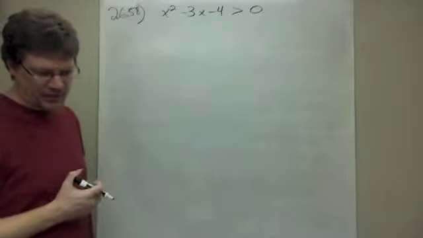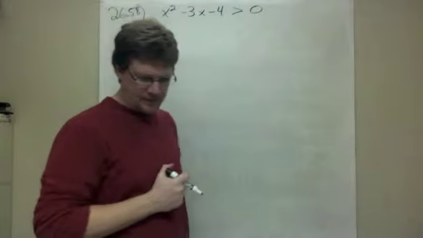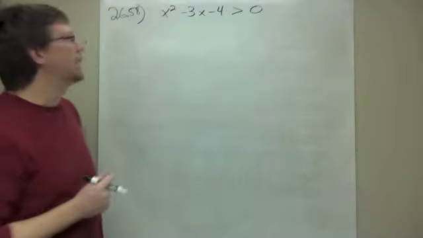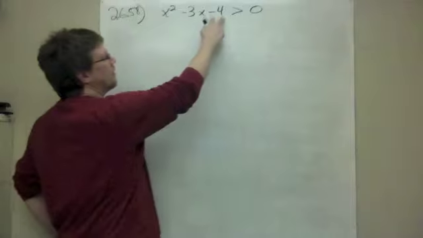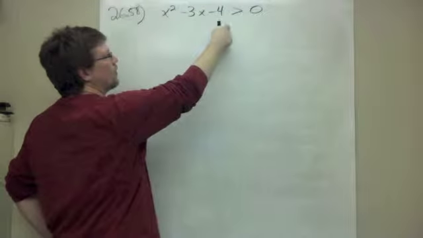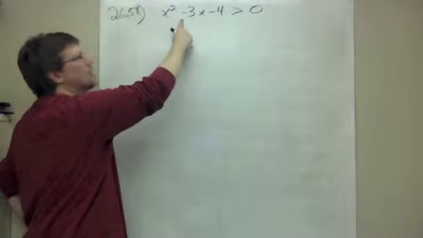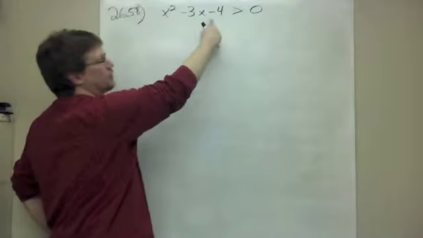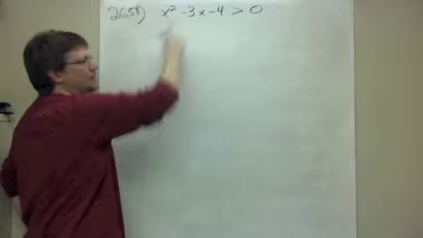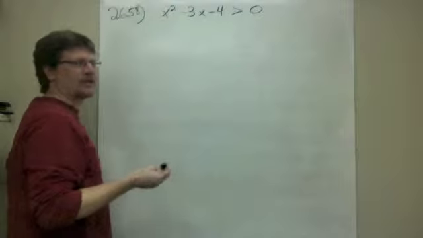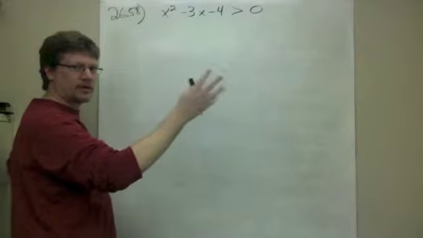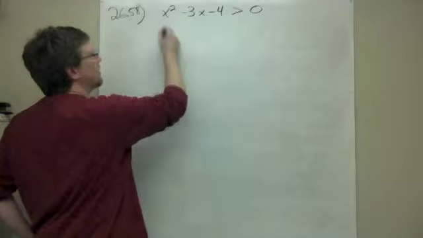Not everything can be factored, but this thing can be, so let's do that. Minus 4 is a 4 and a 1. This minus means that one of them is positive, one of them is negative. Or 2 and a 2, I guess. This minus 3 says the larger one must be negative. Minus 4 plus 1 is 3, so that's the way we're going to factor it.